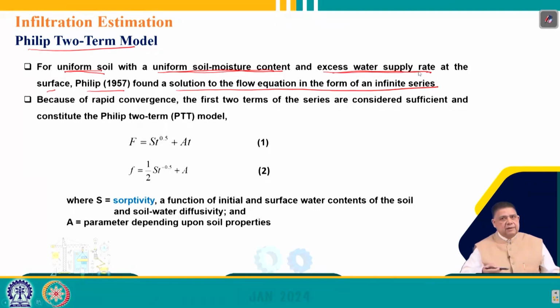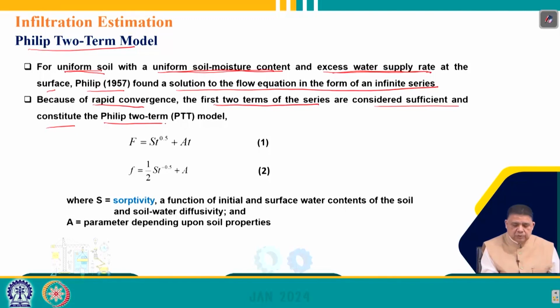In the case of Green-Ampt, we assume that there is a negligible ponding depth, but here there is excess water supply. So, water is not a limiting factor, and under these conditions Philip found this infinite series, and because of the rapid convergence of the series, the first two terms of the series are considered sufficient and constitute the Philip two-term model. That is why it is called the Philip two-term model.